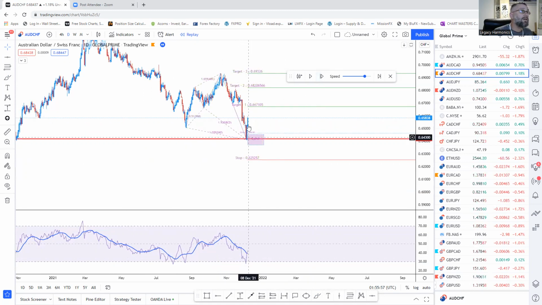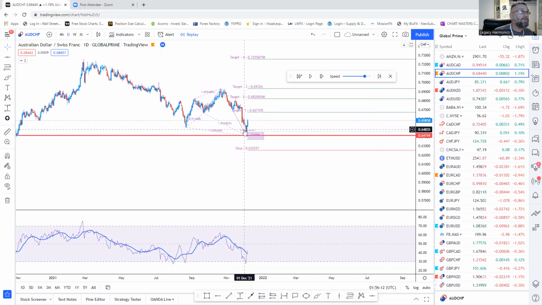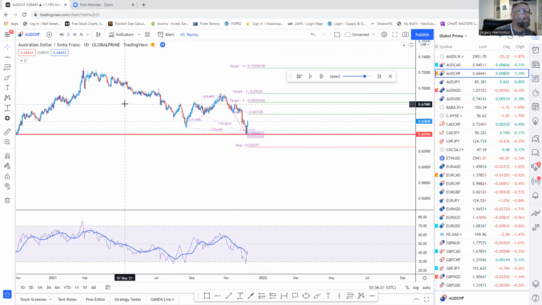You see the difference in the distance here. If you get in there, you've gotten in 60 pips closer to your target than your first entry. Either way, whether you get in here or here, it doesn't matter. The steps from here on out are the exact same.